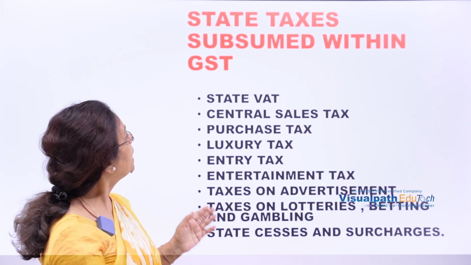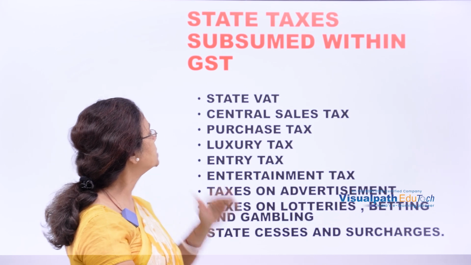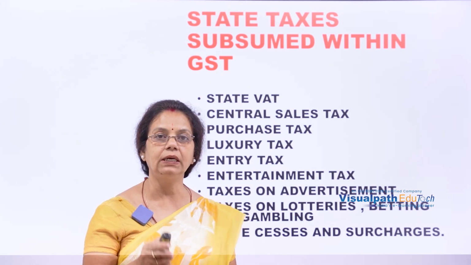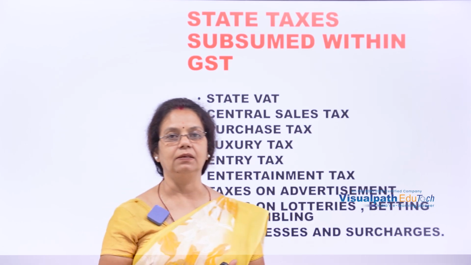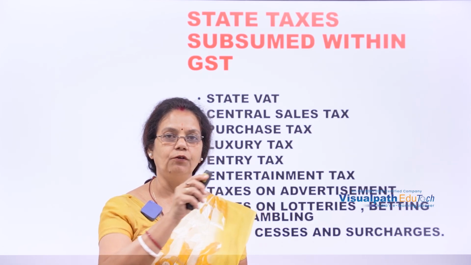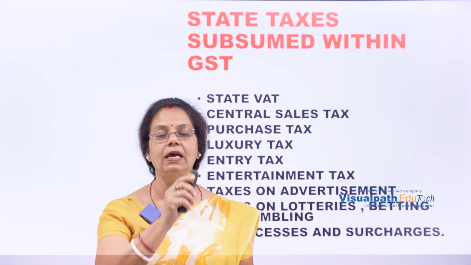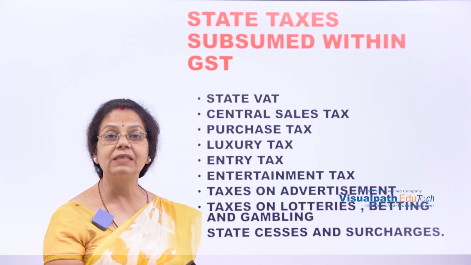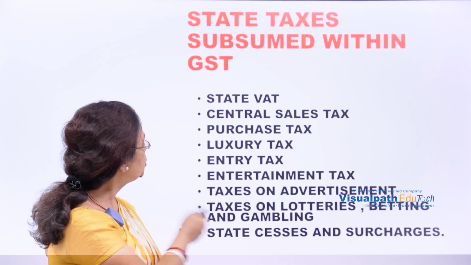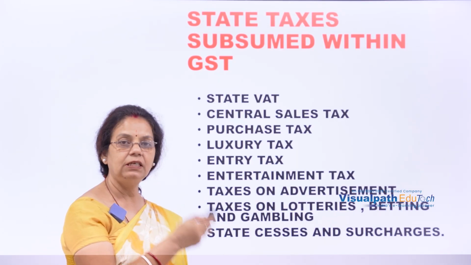Next, state taxes subsumed within GST. What are the taxes? This is specifically only for the state. So different types of taxes which had been implemented in a state earlier, just like that: value added tax, central sales tax, purchase tax, luxury tax, entry tax, entertainment tax.